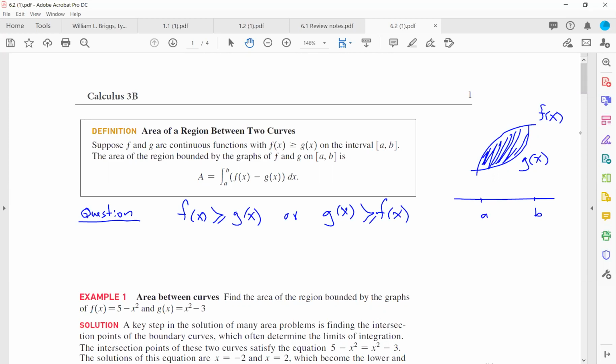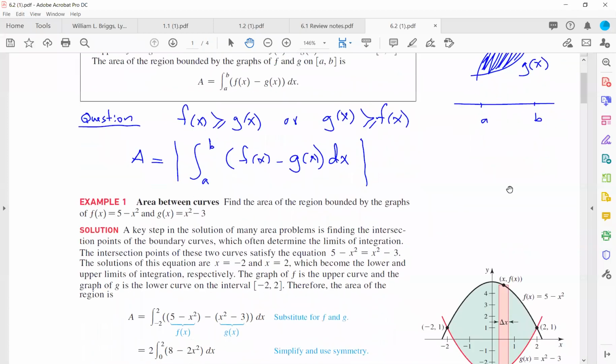In this case, in general, you can say that the area is the absolute value of the integral of f of x minus g of x. So you can always take the absolute value of the integral, and the outcome as an area is always positive.